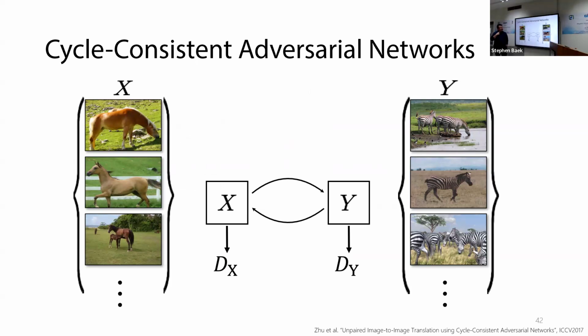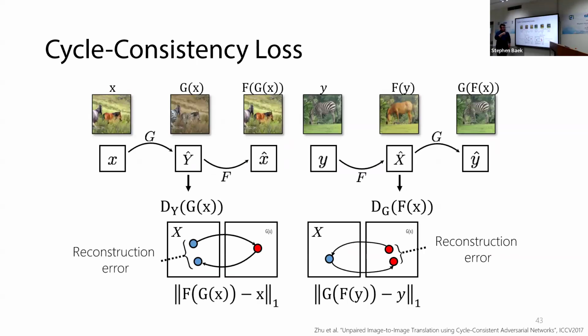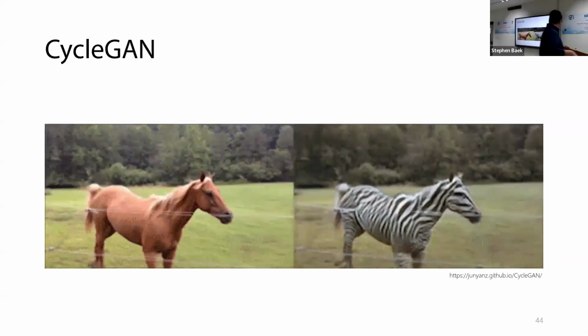So we have two GANs. In terms of the notation, we're going to call all the horses set X, and all the zebras set Y. And then the two generators work in both ways.